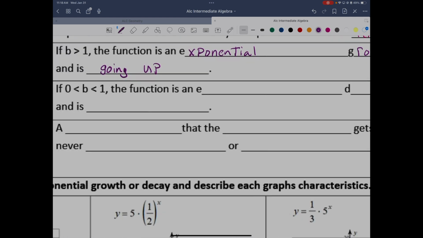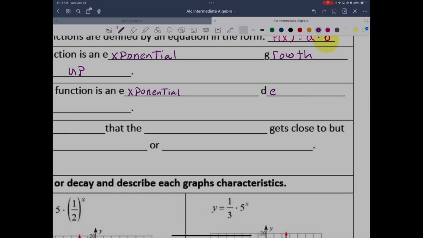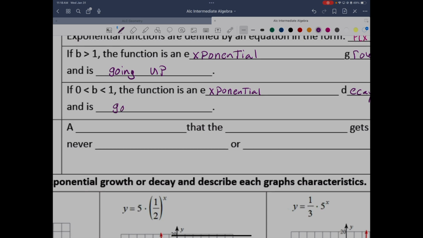If the b value is between 0 and 1, the function is exponential decay. So it's decaying, and we're just going to say going down.